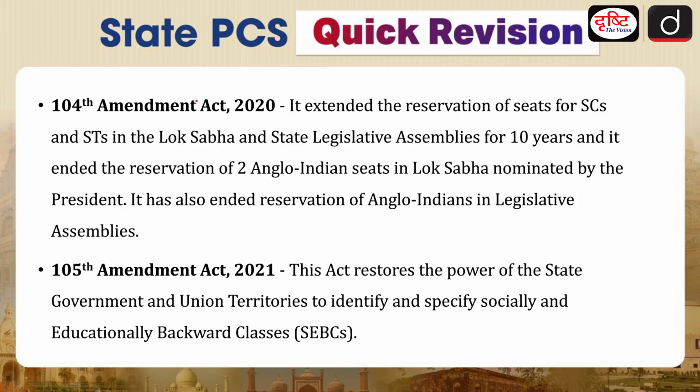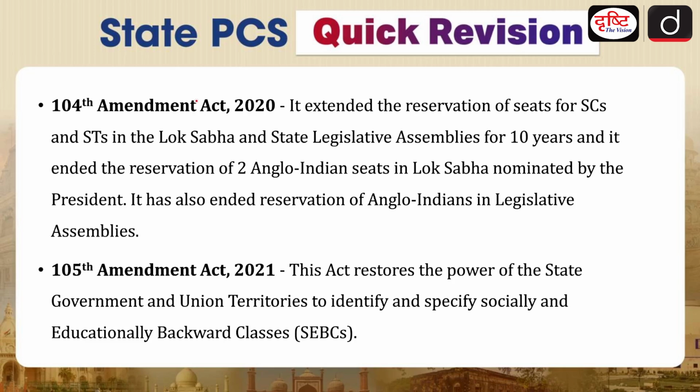Then the 104th Amendment Act 2020 is related to the extension of the reservation for SC and ST seats in Lok Sabha and state legislative assemblies for 10 years. But in this amendment, they ended the reservation of 2 seats for Anglo-Indians in the Lok Sabha, nominated by the president, and also ended that for the state assemblies.